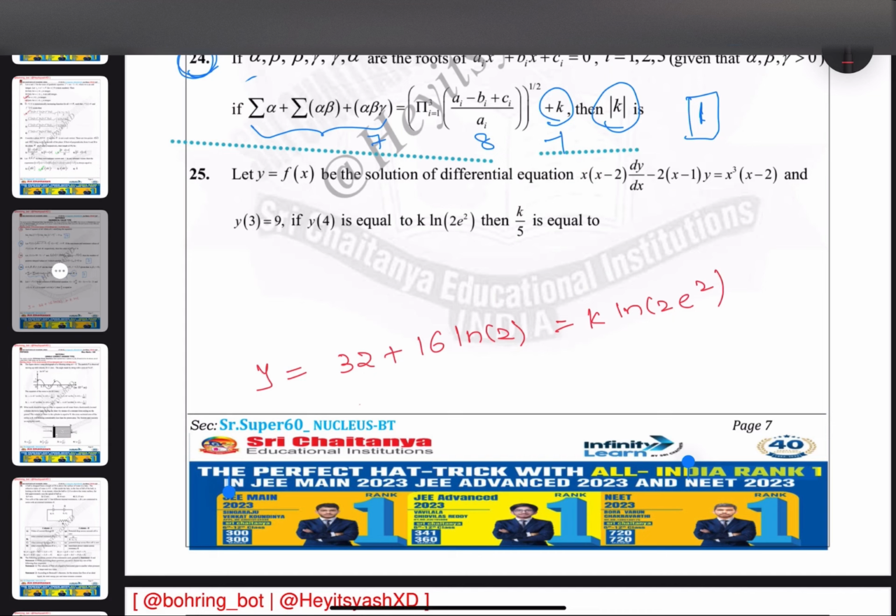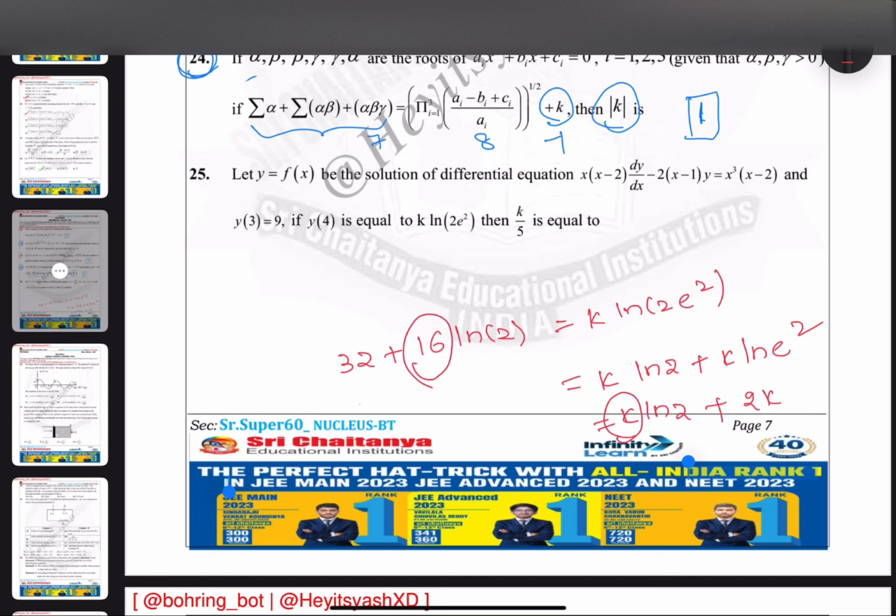Alright, so this is k ln 2 plus k ln e square. K ln 2 plus ln e square is simply 2. So this is 2k. So comparing both sides, k is equal to 16. And k by 5 is 16 by 5, whatever that is. You can simplify it and write the numerical value. Alright.